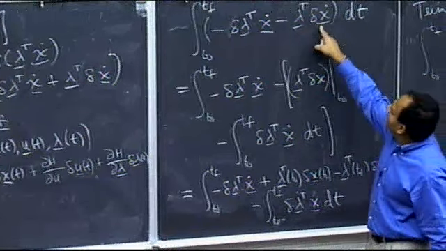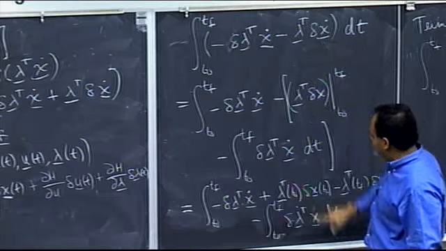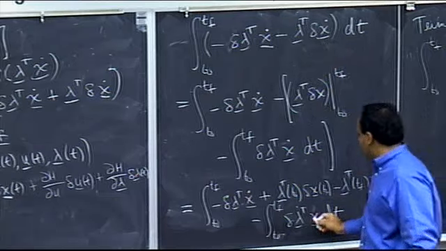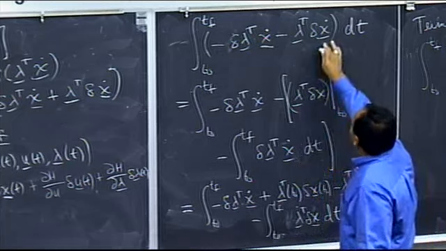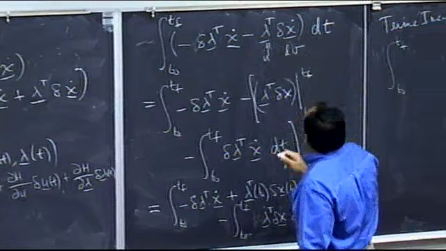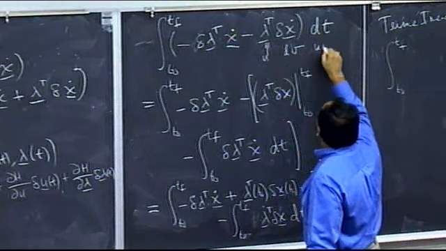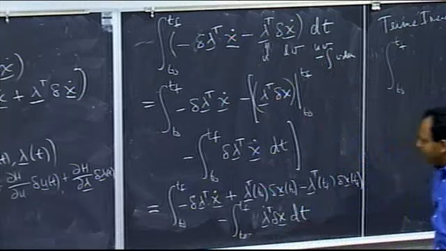When I integrate this by parts, I've got u dv, which gives me uv minus integral v du. So v is this, and then this is a variation in x, and then this is lambda dot transpose v du. This is u, and this is dv. So when I integrate, I get uv minus the integral of v du, which gives me lambda dot transpose times the variation in x.